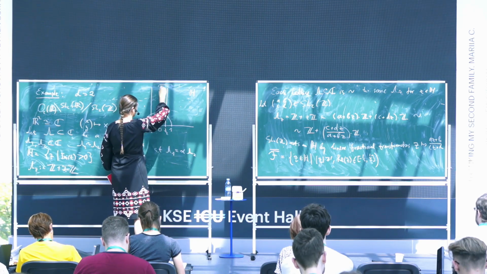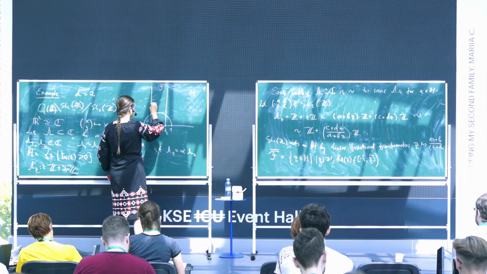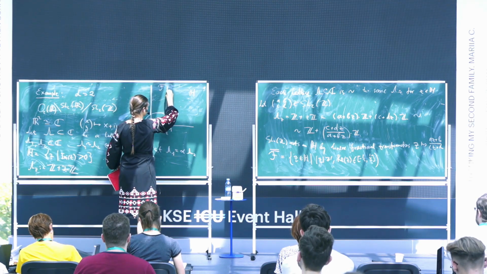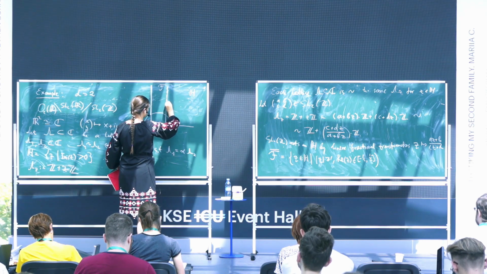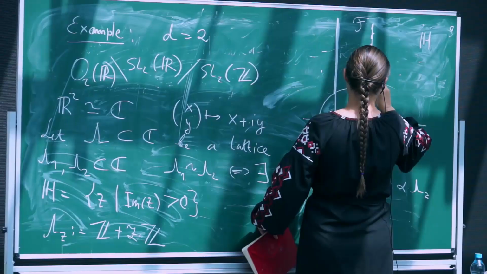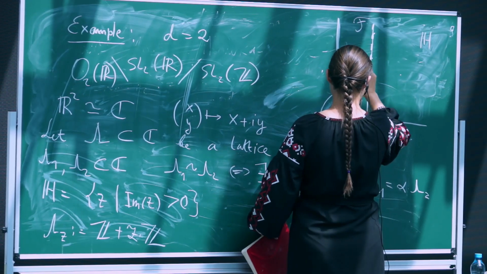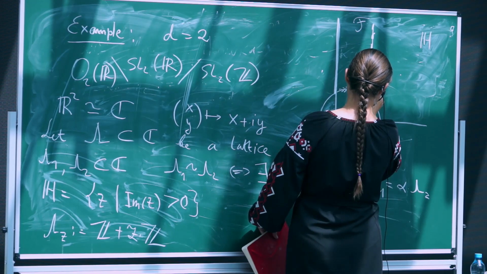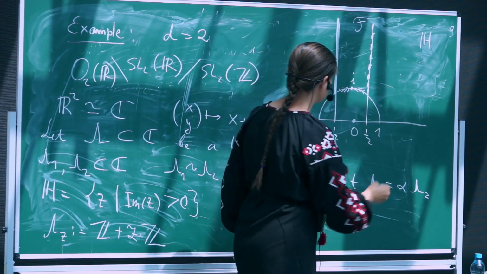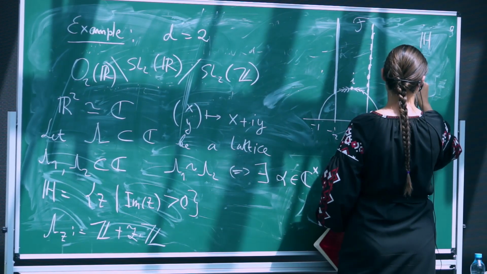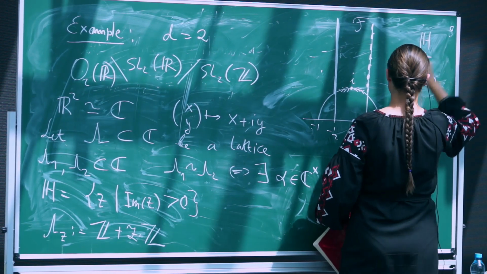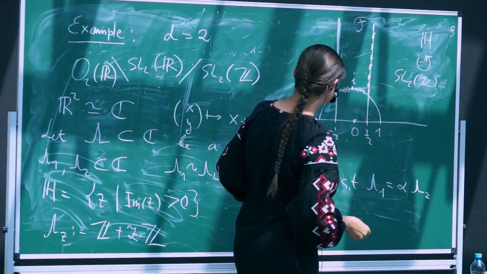Now these two sides are identified by the action of SL_2(Z). So this side is identified with this side. If we want to have a true fundamental domain, we have to make a choice of which of them to choose. And here's the point i, and also this arc is identified with this arc under the action of SL_2(Z).